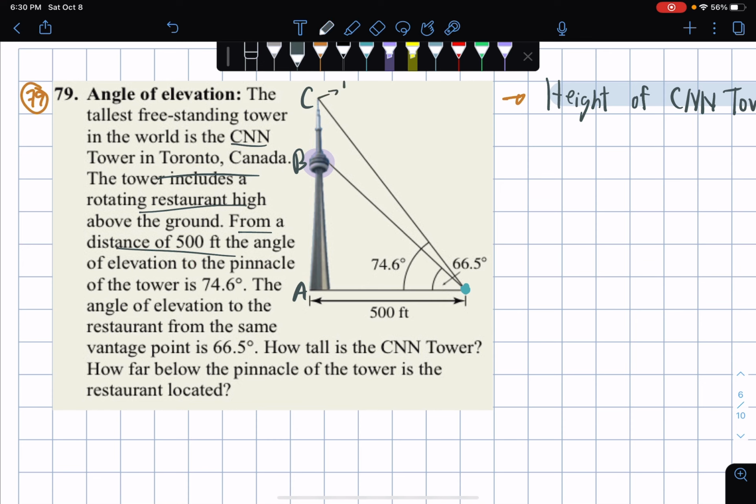So this is the pinnacle, I suppose. And the angle of elevation to the restaurant from the same vantage point, I'm starting to realize that this is the vantage point being referred to, is 66.5 degrees.